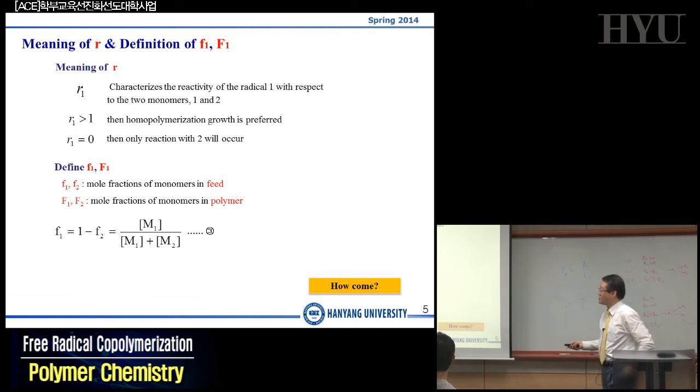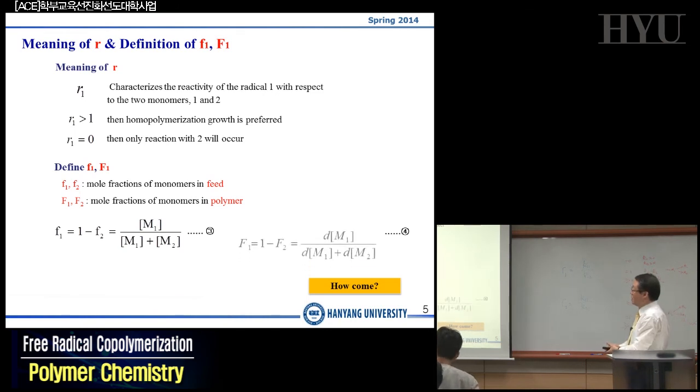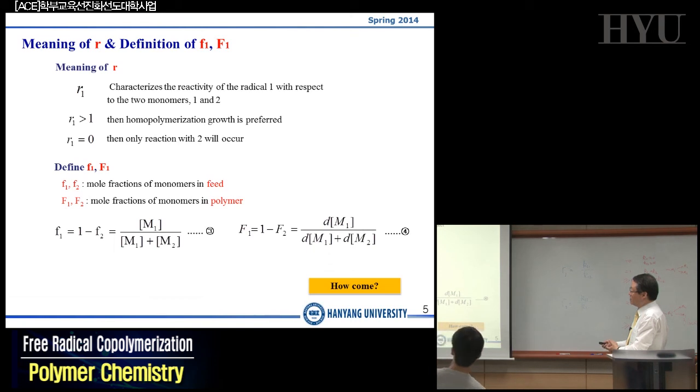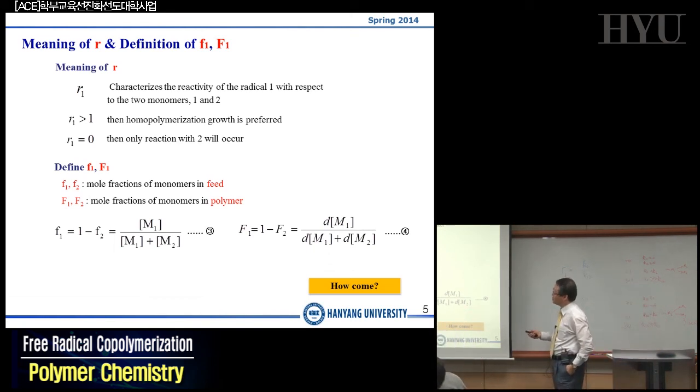Large F1 refers to the copolymer system, so dM1 over dM1 plus dM2 is defined as large F1. Large F2, of course, will be dM2 divided by dM1 plus dM2.